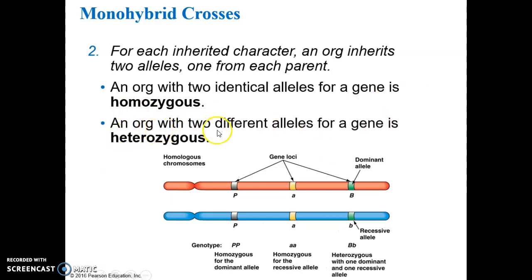However, if an organism has two different alleles for any particular gene, that organism is referred to as heterozygous, hetero for different. And in the F1 generation, those purple flowering plants were heterozygous for the particular allele of flower color.